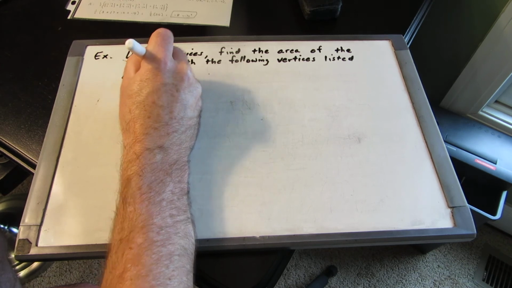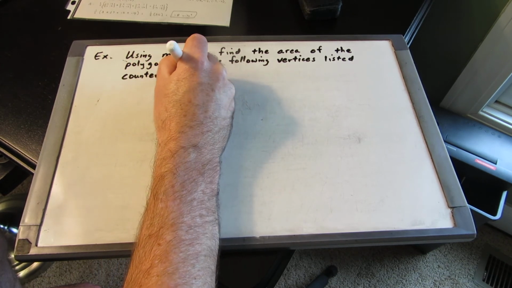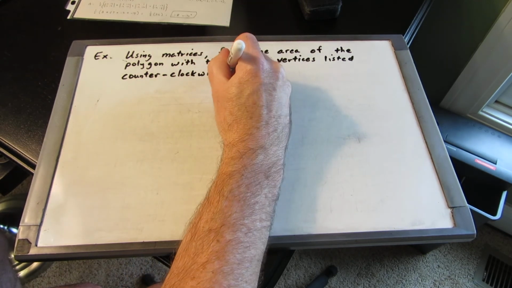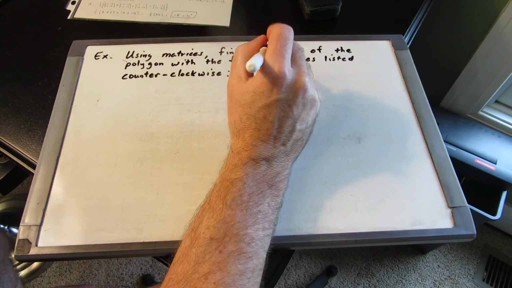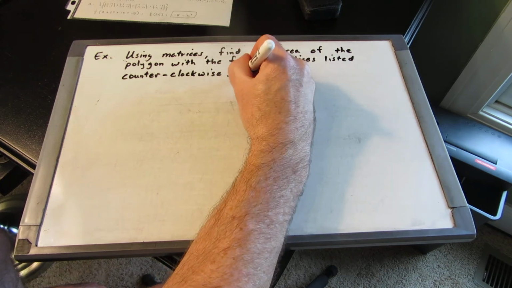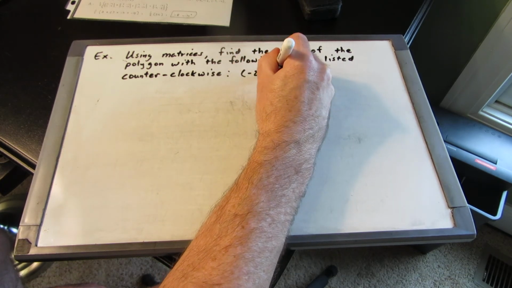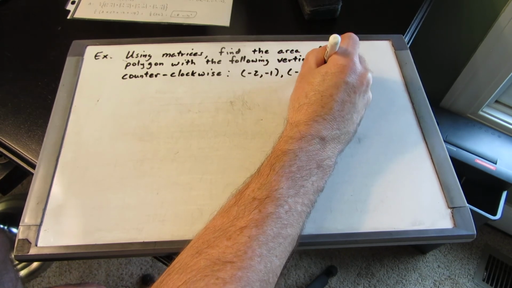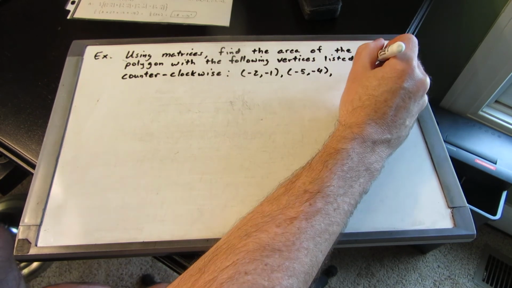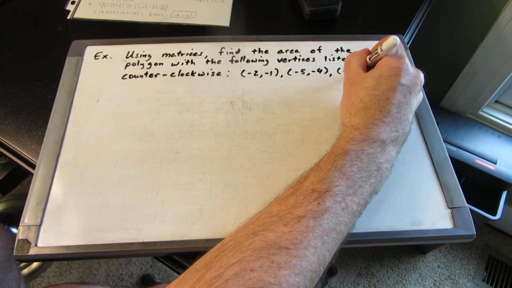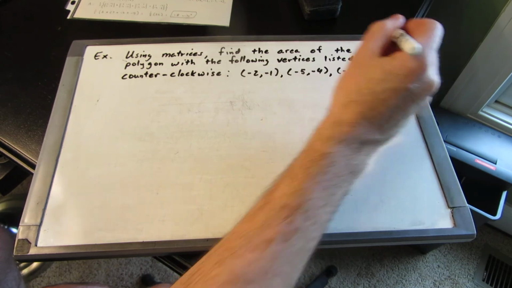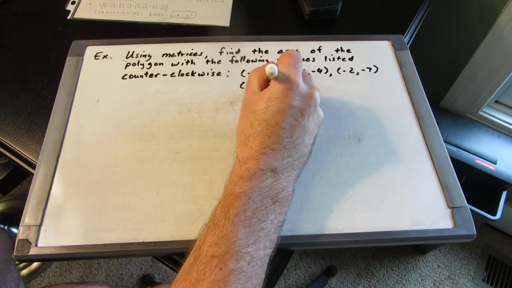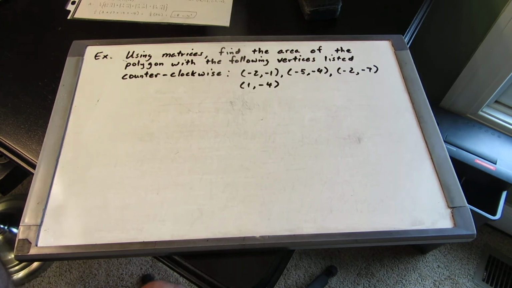So this time we don't have to plot it. It's listed counterclockwise for us. Okay, and those points are -2, -1, -5, -4, -2, -7, and 1, -4. Okay, so those are listed counterclockwise.